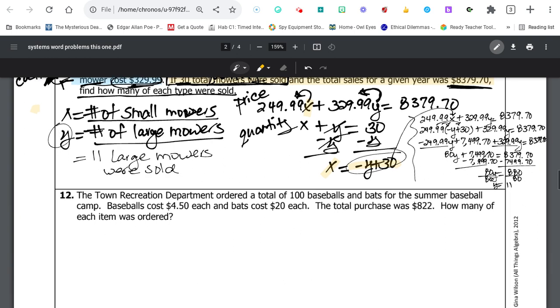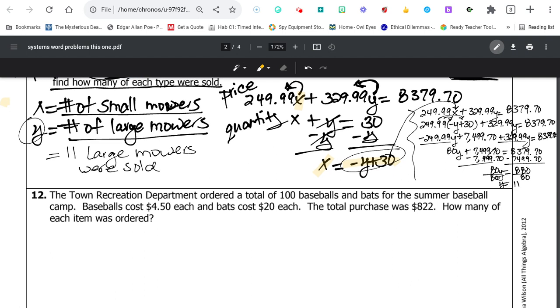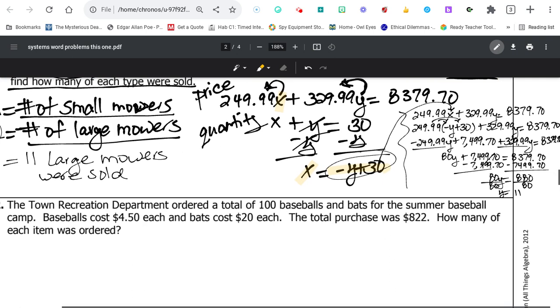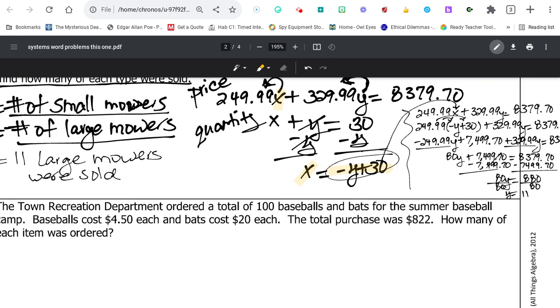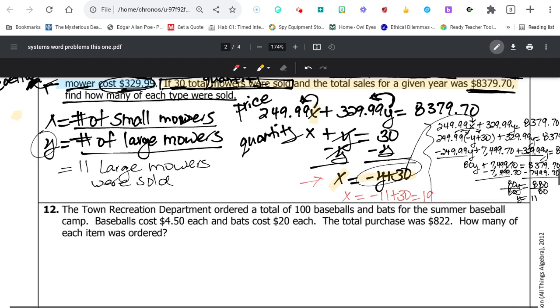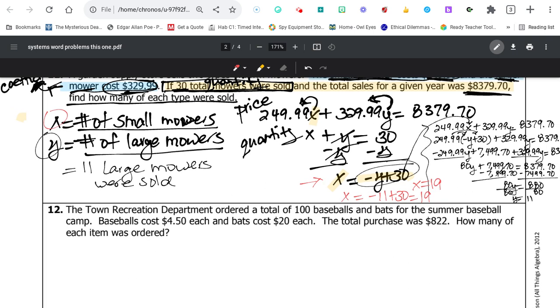So now all I have to do is figure out how many small mowers were sold. I'm going to go back over here to that equation and change my y to 11. So x equals negative 11 plus 30, which gives me 19. So x equals 19, and x is the number of small mowers.